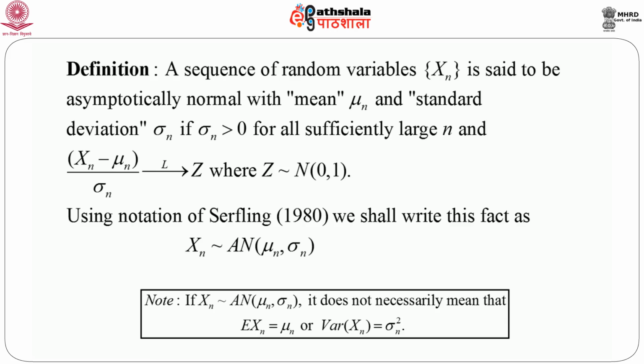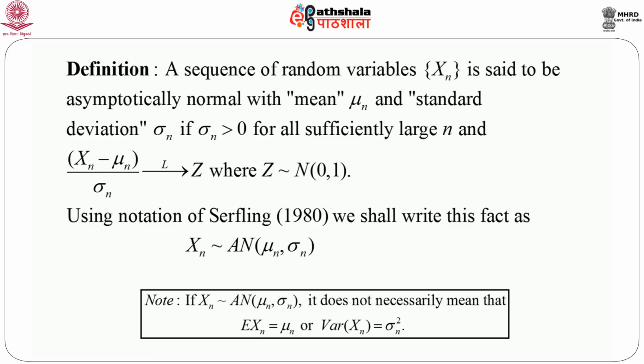This is just jargon, and the meaning is that Xn minus mu n divided by sigma n approaches a standard normal variable in distribution as n goes to infinity. So naturally this does not necessarily mean that the expectation of Xn equals mu n or that the variance of Xn equals sigma n squared.